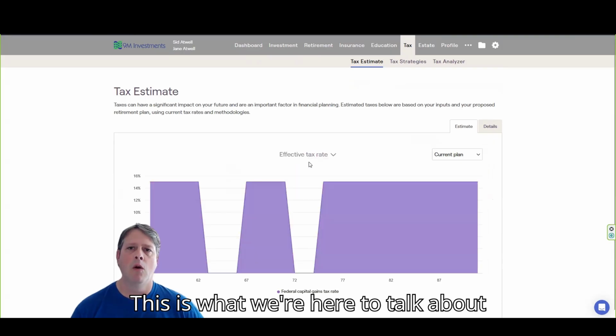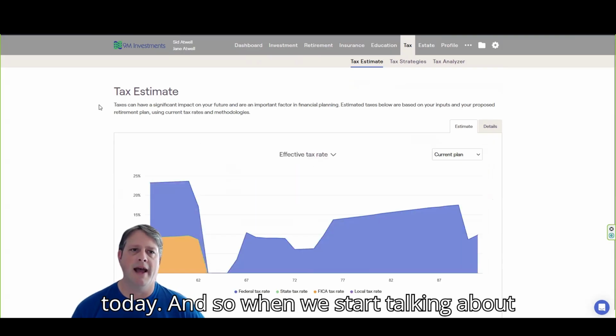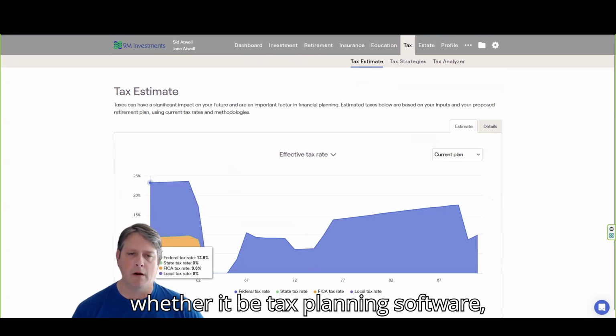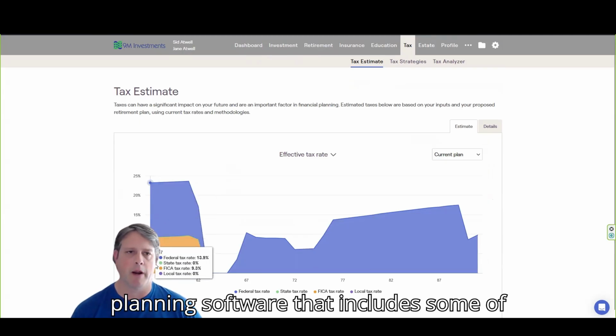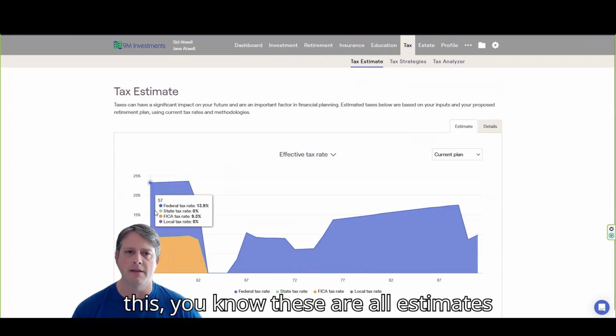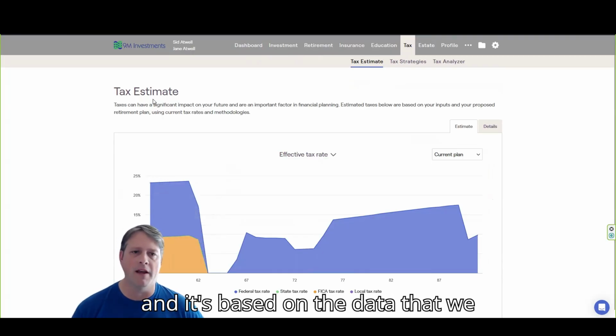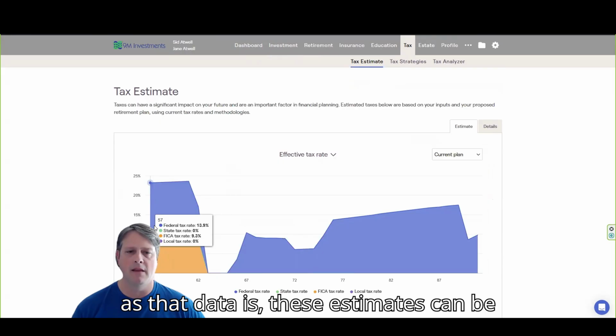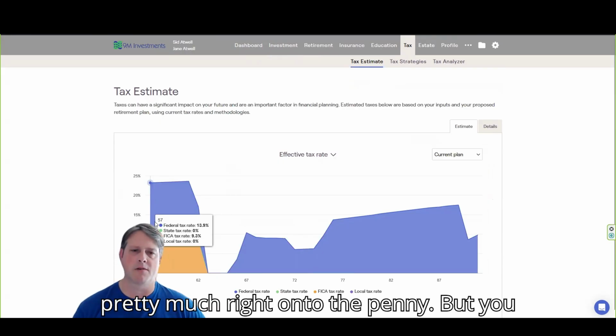And so when we start talking about taxes, a tax estimate on any data, whether it be tax planning software that includes some of this, these are all estimates and it's based on the data that we have going into here. So as good as that data is, these estimates can be pretty much right on to the penny.